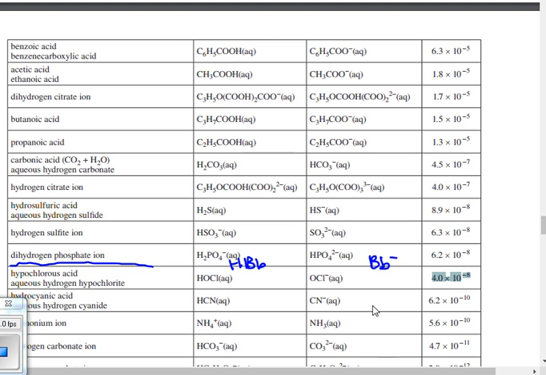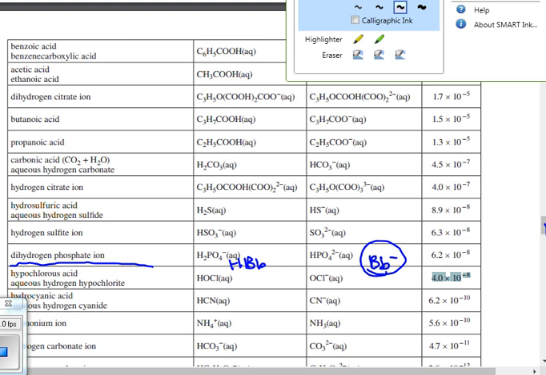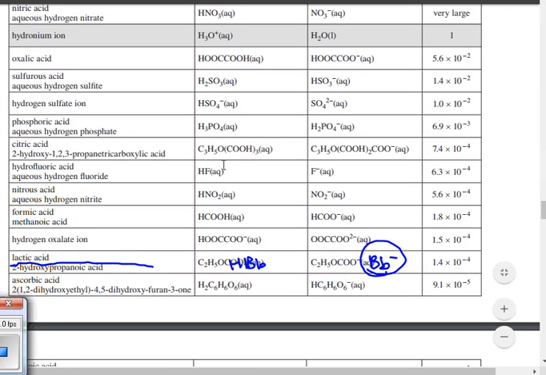Now if we predict our acid-base reaction, starting from bottom up, we get our strong base. Okay, and then if we start from the top down, we get our strong acid will be HF. So the hydrofluoric acid will be the strong acid.